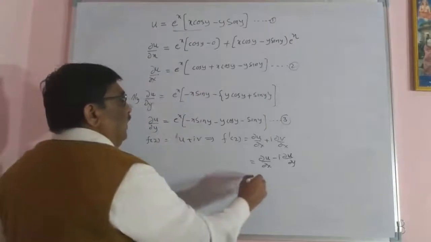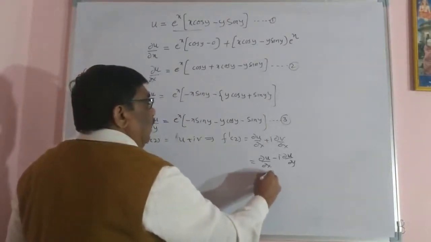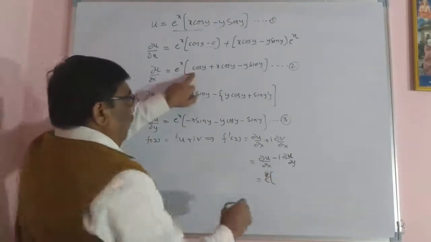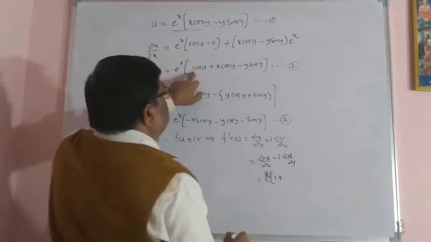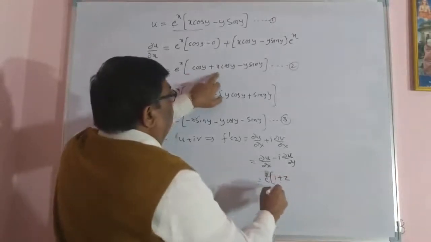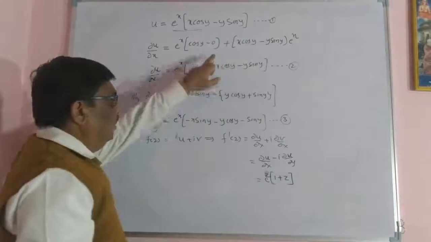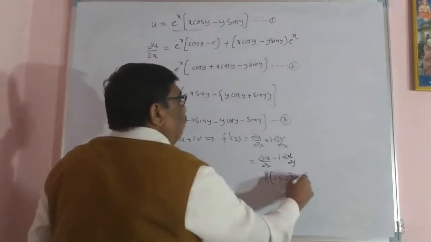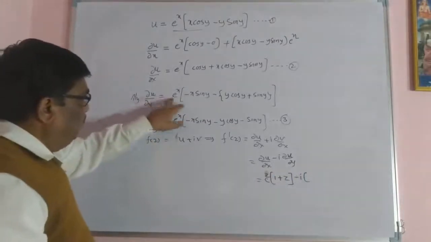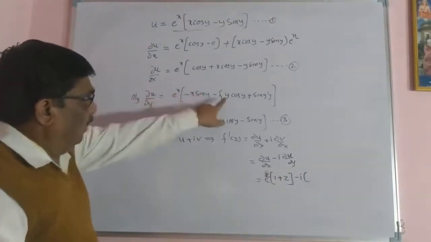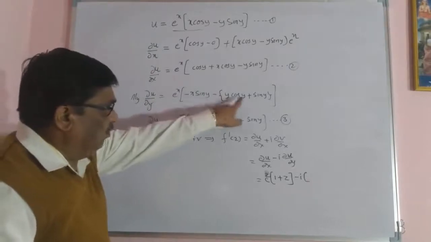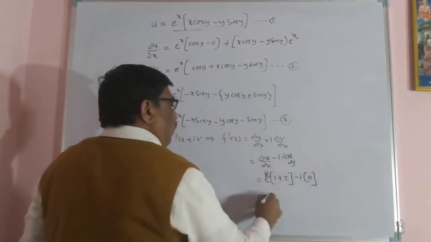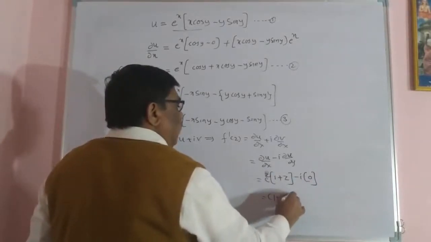What about the first term? e raised to z, cos 0 is 1, plus z, cos 0 is 1, minus 0, leave it. This term is e raised to z into 1 plus z. Minus i into, here e raised to z, sin y is 0, so this term is 0. Totally this term is 0. Therefore f dash of z is 1 plus z into e raised to z.